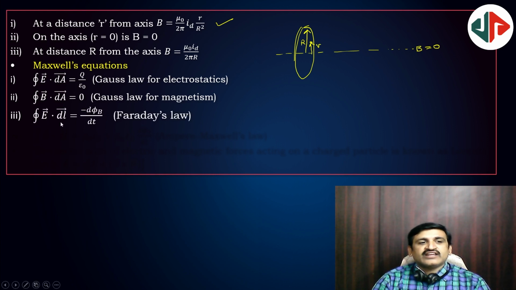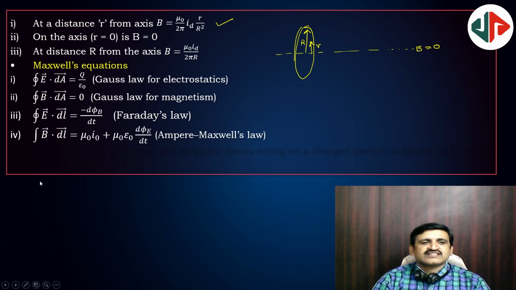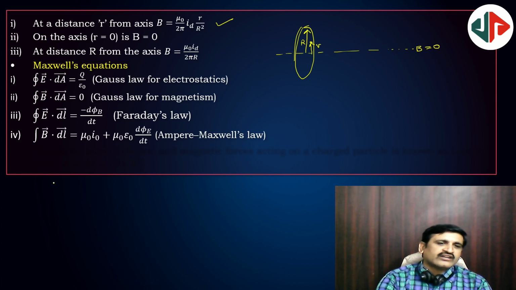Next, E dot dl over a closed path is equal to minus d phi by dt of the magnetic field. This is Faraday's law. E dot dl is nothing but potential difference, equal to minus d phi by dt, which is Faraday's Lenz law. Next, the integral of B dot dl over a closed path is mu naught I plus mu naught epsilon naught d phi by dt of the electric field.